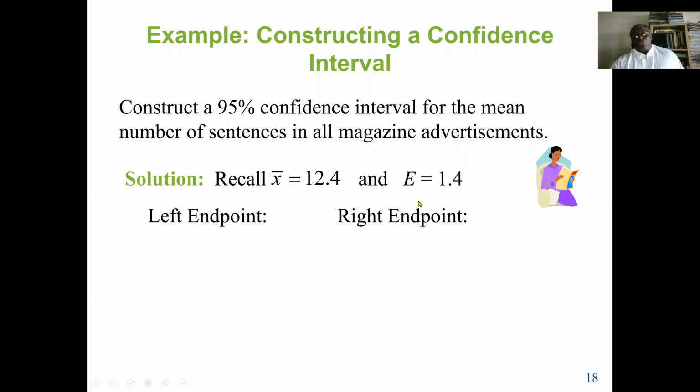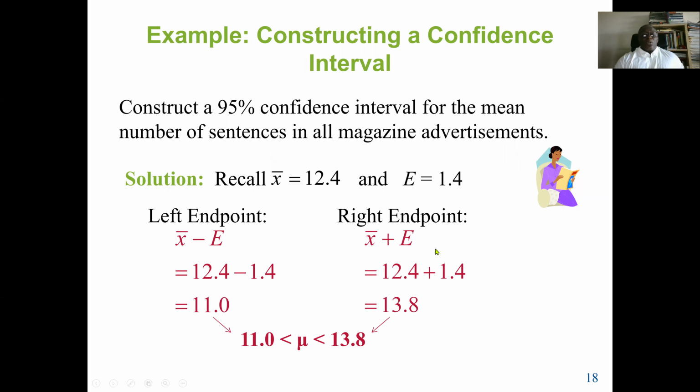Then the same thing we do for the E. The E we know is ZC times the standard deviation over the square root of n. We get 1.4. So if I know the E, the left endpoint will be x bar minus E, and the right will be x bar plus E. So here, instead of 12.5, our interval is between 11.0 and 13.8.